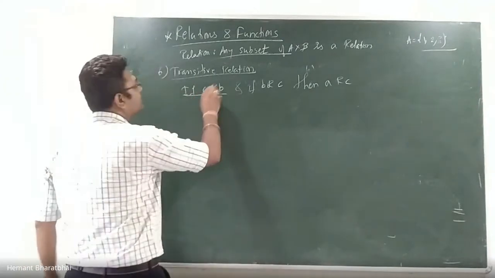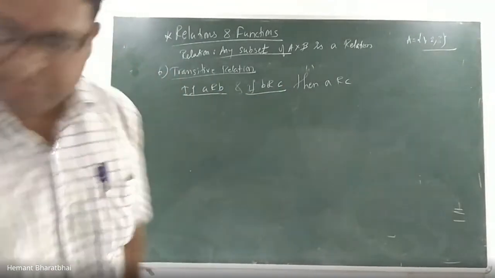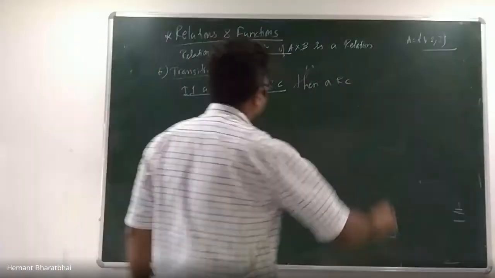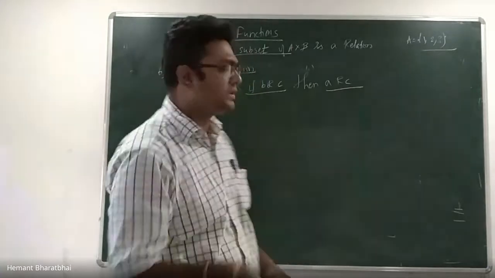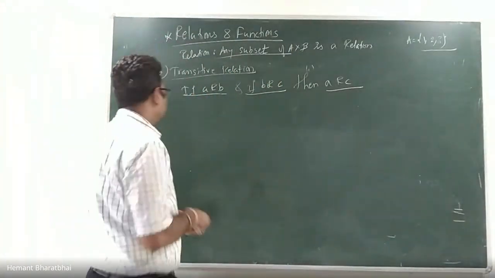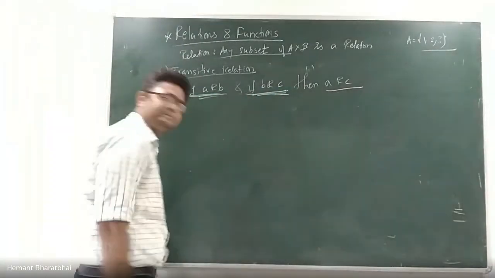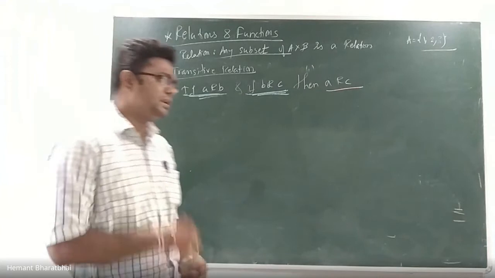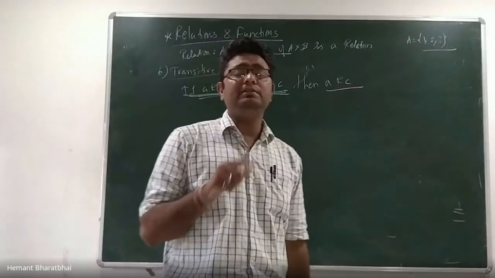If this and this condition are satisfied, then only you should look for this condition. Otherwise, you should not look for this condition. Understanding the depth of English words is very important over here.